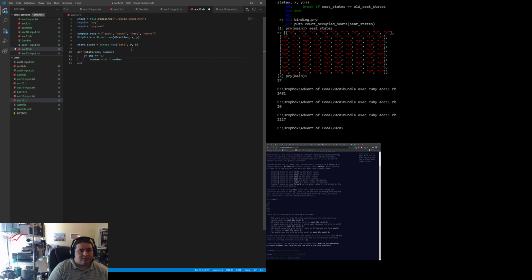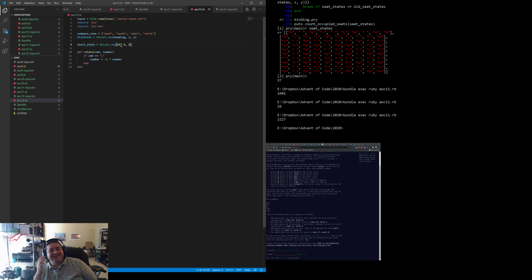So we're just going to do this, and then... Oh, actually what I want is degrees, not direction. I want heading. And I want this to be 90 to the right, basically.